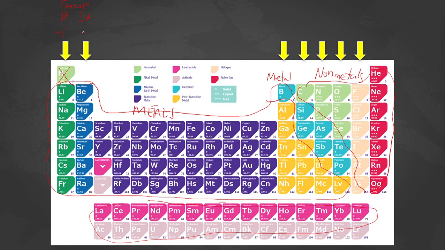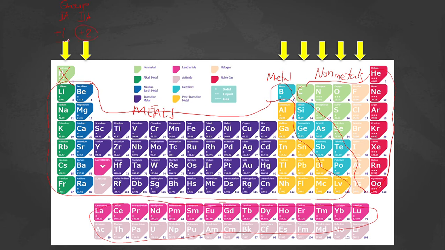And all elements in group 2A ay positive 2. So ano-ano yung mga elements sa group 1A? We have lithium, sodium, potassium, rubidium, cesium, and francium. All of them have positive 1 charge or oxidation number. While the elements in group 2A, we have beryllium, magnesium, calcium, strontium, barium, and radium. They all have a charge of positive 2.